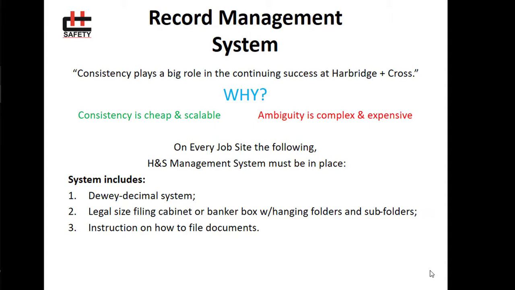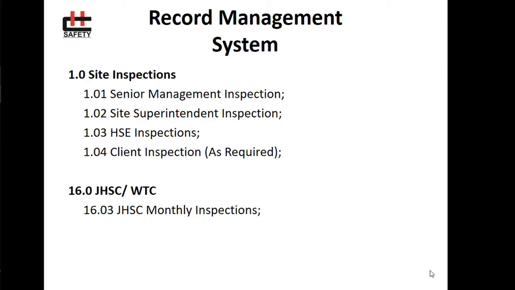On every job site, the following health and safety management system must be put in place. This system is going to include a Dewey Decimal System, large size filing cabinets or banker boxes with hanging folders and subfolders, and instructions on how to use the system. When it comes to your workplace inspections, they're going to be filed in hanging folder 1.0 site inspections.